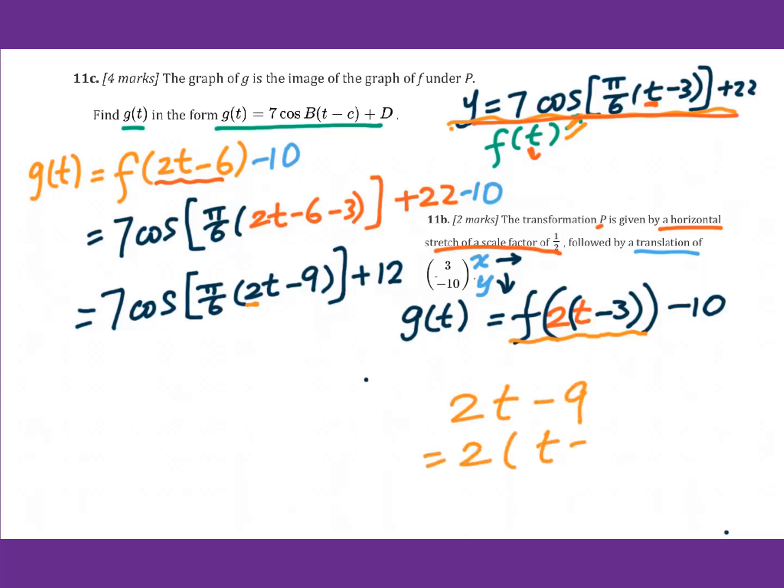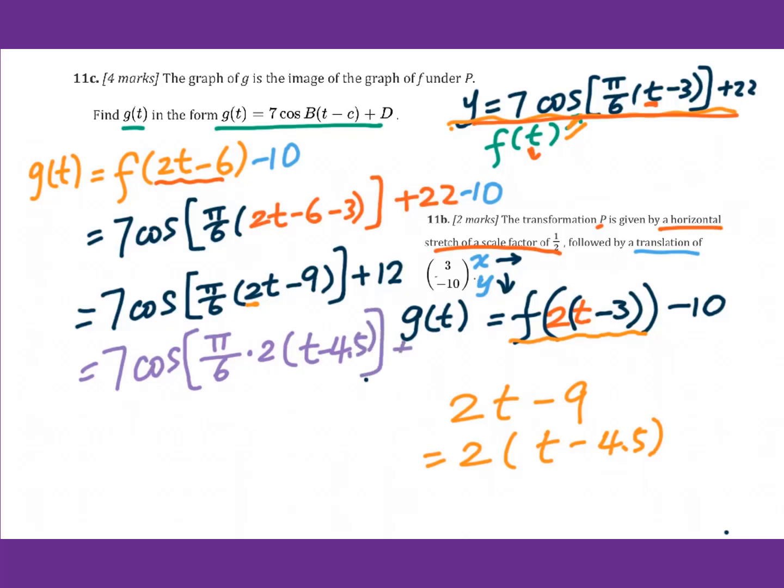You will get the t minus 9 over 2 is 4.5. This 2 we multiply by pi over 6 then. So you have 7 cosine pi over 6 times 2. T minus 4.5 plus 12.